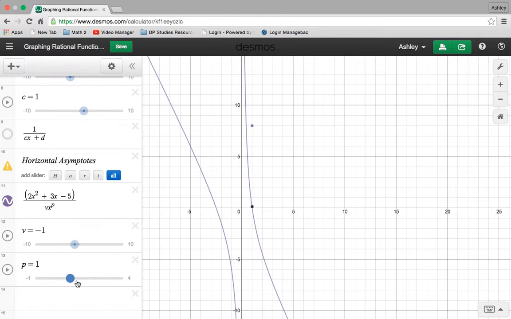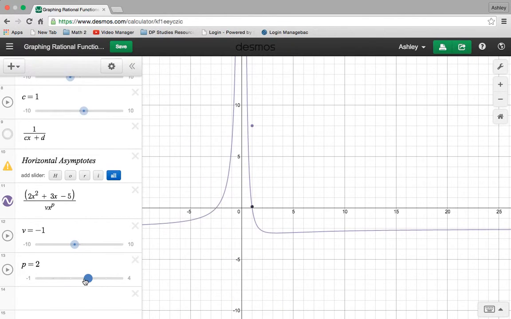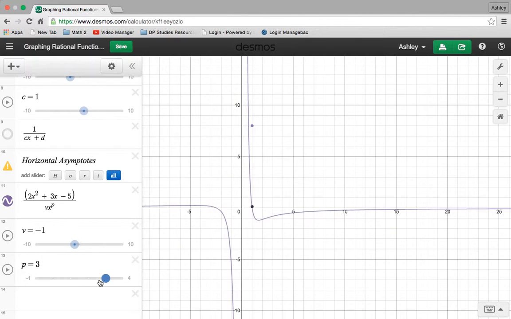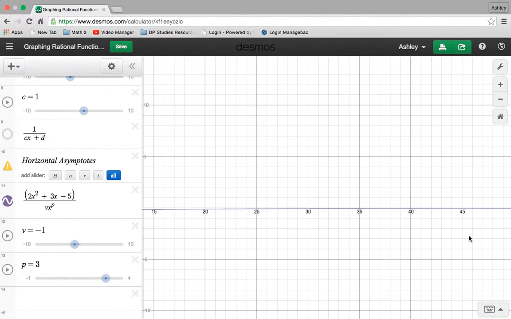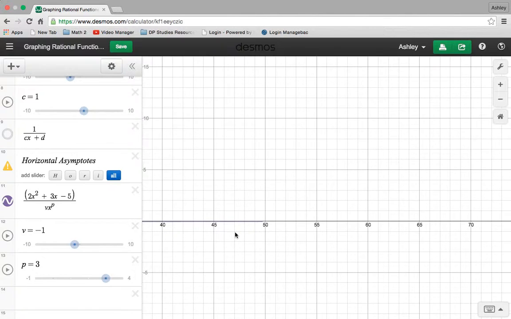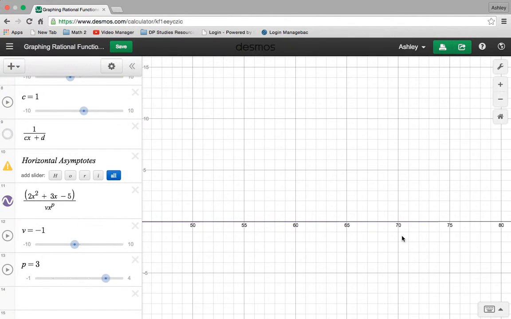Now, what happens if the power in the denominator is bigger? So let's say, okay, there they are being equal. What happens if this one's smaller? So now that I have something like 2 million squared divided by 2 million cubed, as you get, like let's say I'm inputting 2 million in this scenario, I'm going to be getting closer and closer and closer.